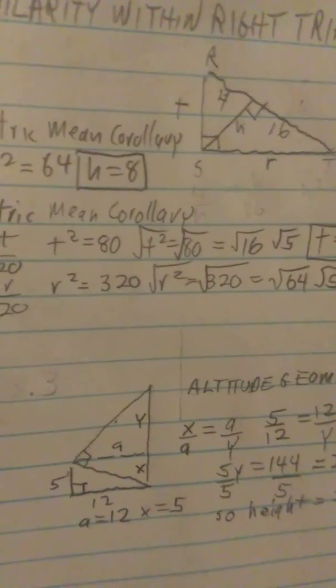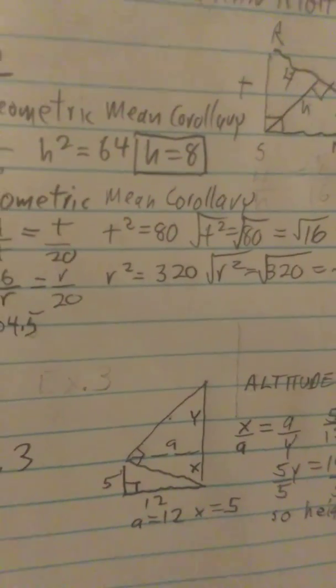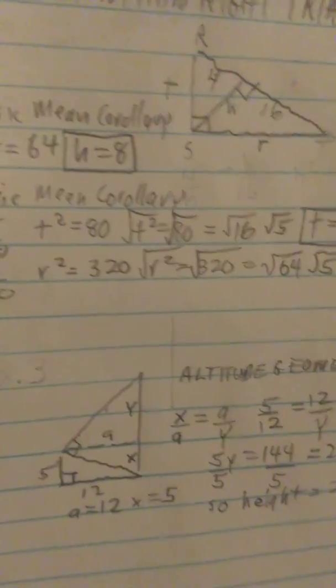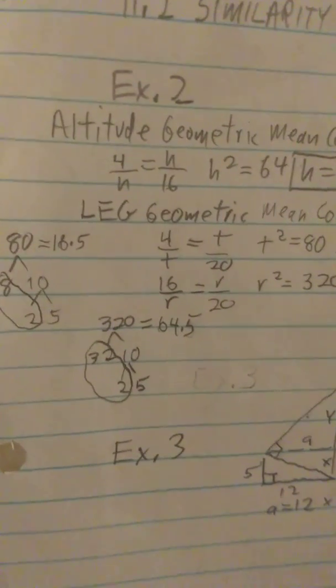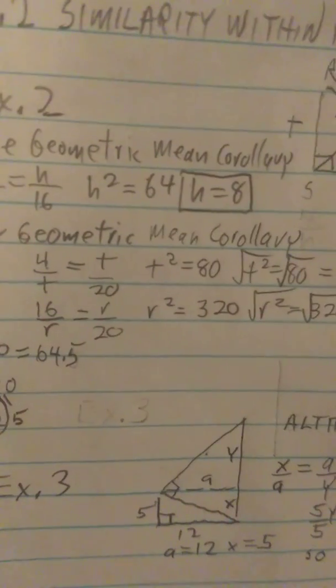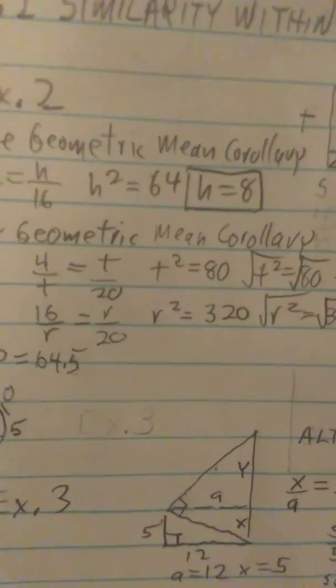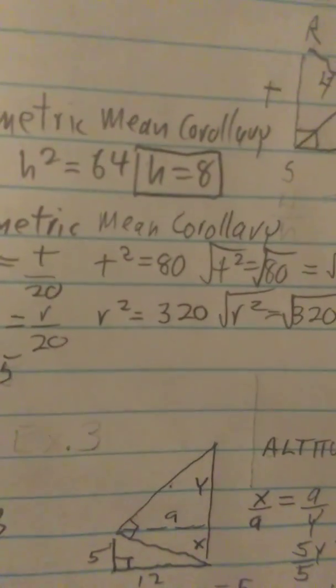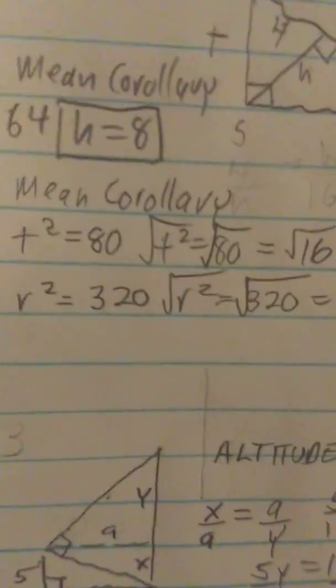Now to get the leg T, we're going to do 4 over t is t over 4 plus 16, or 4 over t is t over 20. So cross multiplying, t squared is 80, and t is the square root of 80.